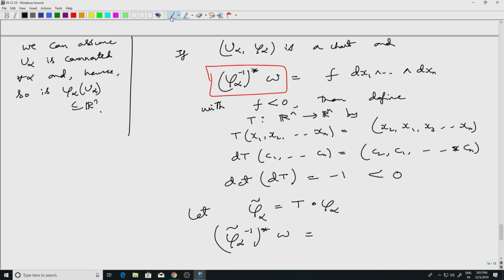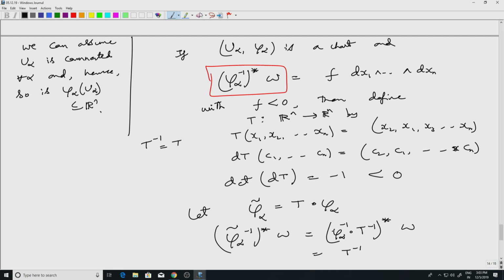The inverse would be, first I'll have to do T inverse, then phi alpha inverse. And then I have to do a star, in which case the order again gets flipped. The way T has been defined, T inverse is equal to T. If I apply T twice, I'll just get back the original one.